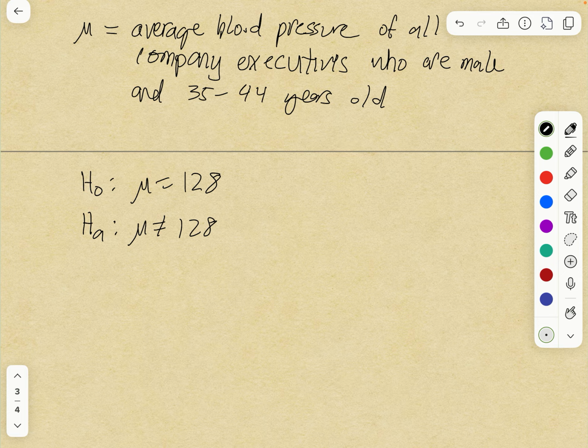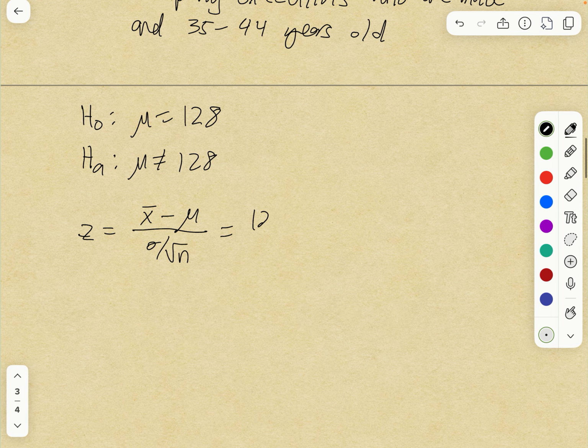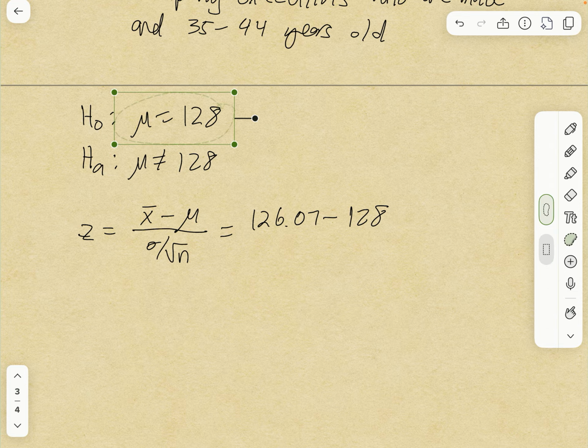So the z-value is going to be our x bar, our sample mean, minus mu, divided by sigma over the square root of n. So that's going to be 126.07 minus 128, right? Because we're assuming that the null hypothesis is true, which is that mu is 128.